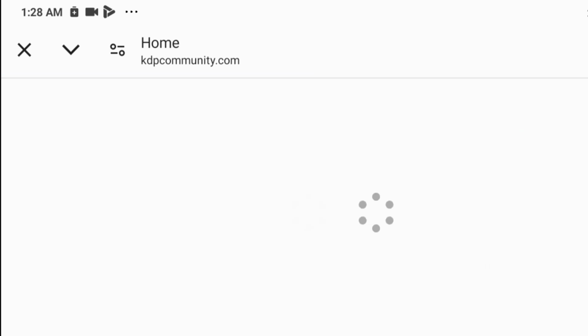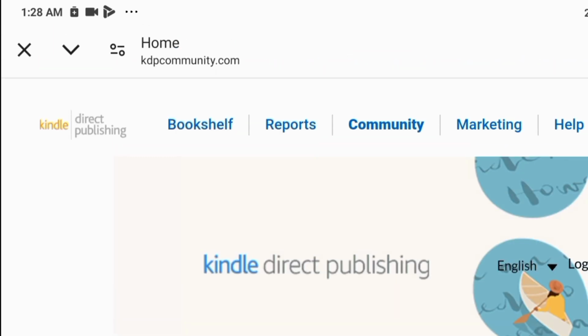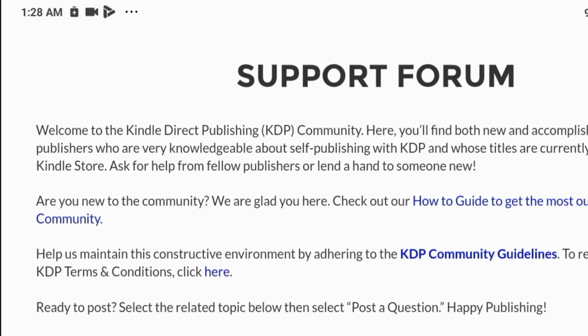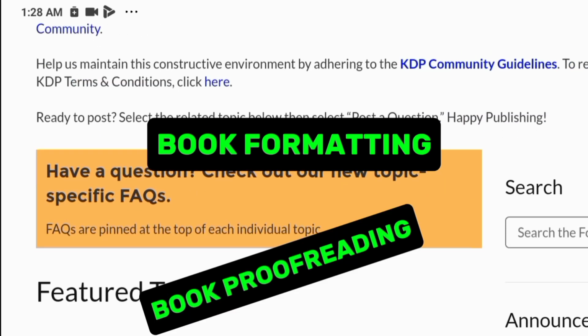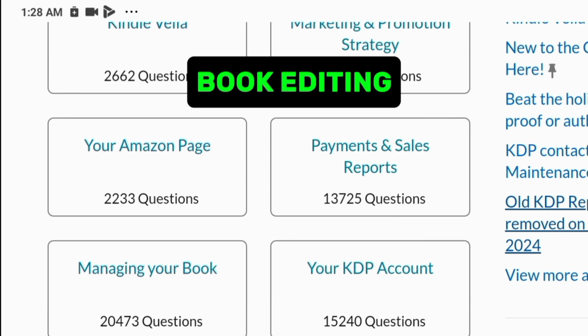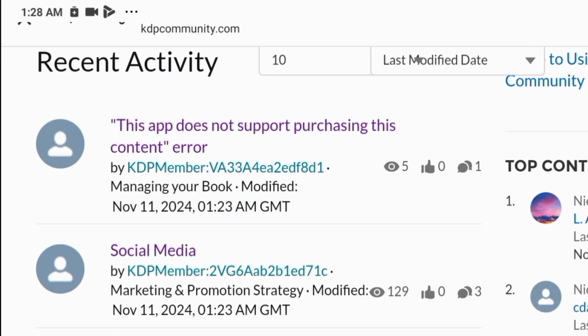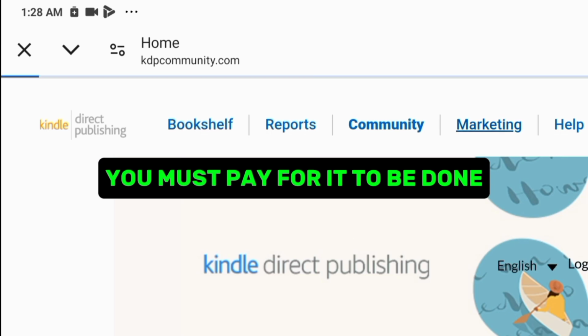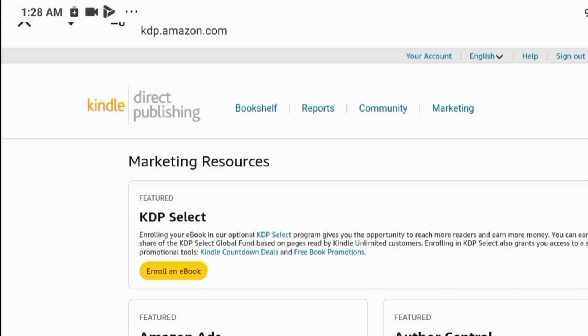But there is a cost in publication, especially when you don't know how to do certain things. For instance, you don't know how to do the cover design, the formatting, the proofreading, or the editing. When you don't know how to do these things, it comes with a cost, because somebody must do it for you. Somebody has to be a third party in this book journey for you.